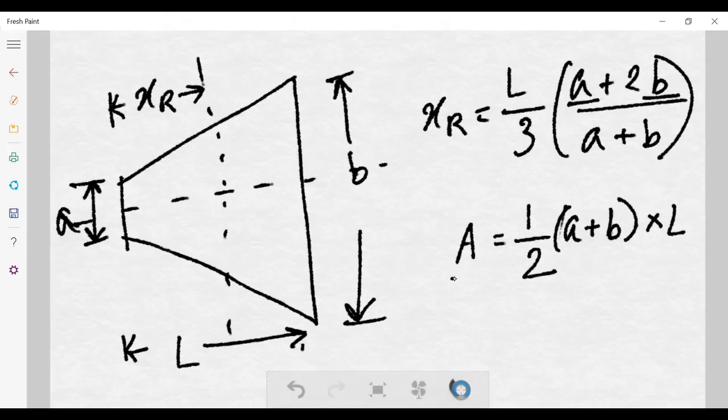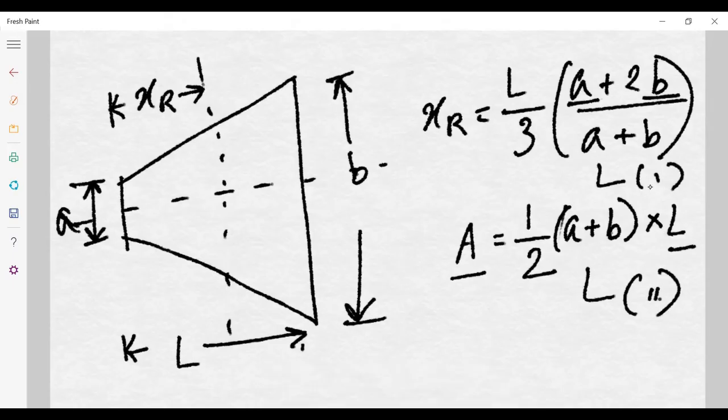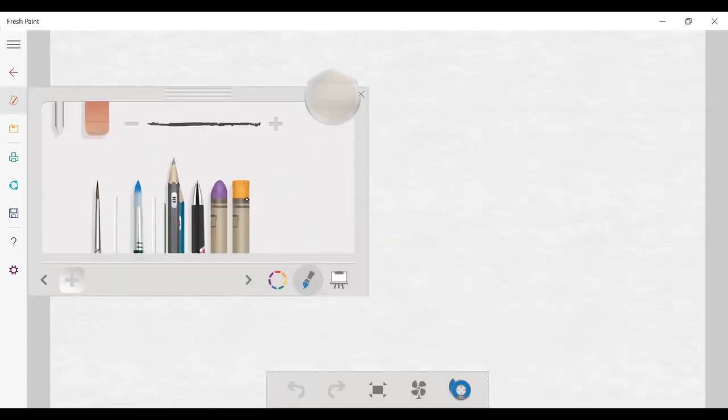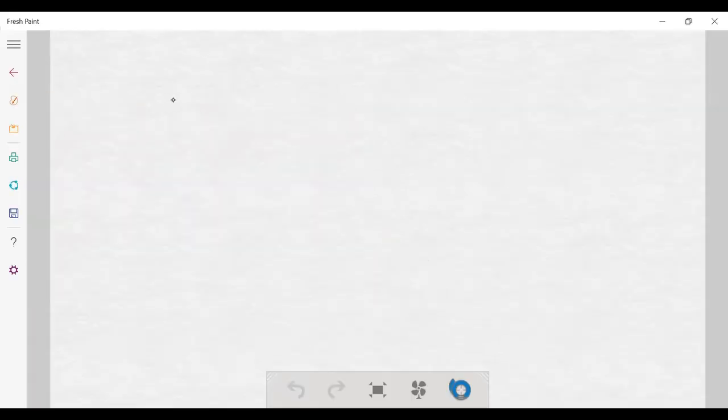Here the area, 8.07, and L are known, so A plus B is known. This is the second equation, and this one is the first. We solve these two equations and get the values of A and B. So you do it yourself.